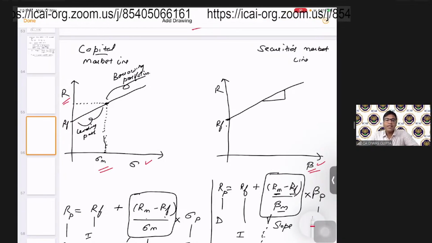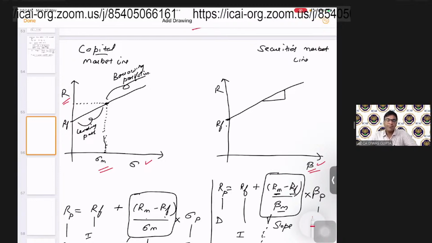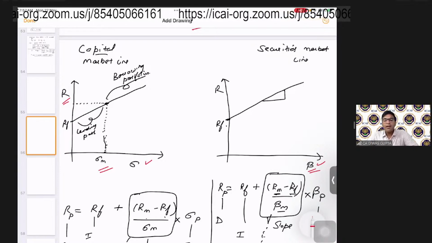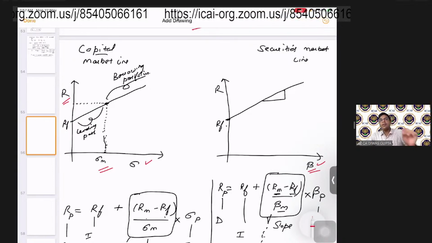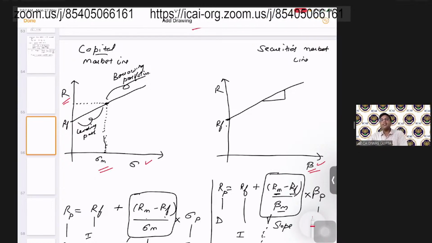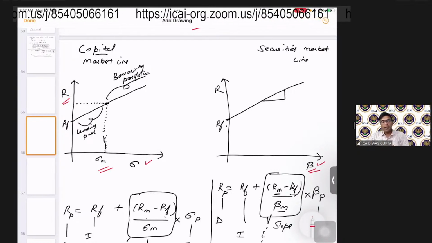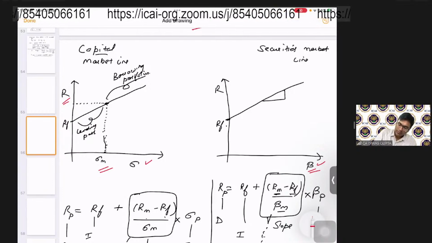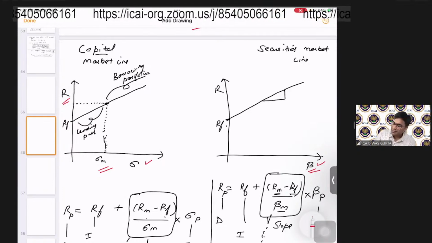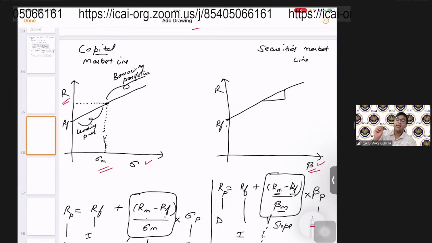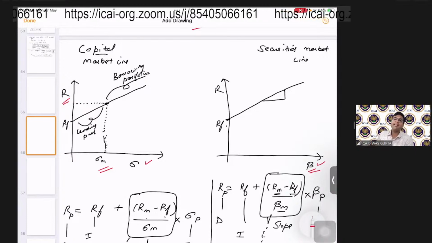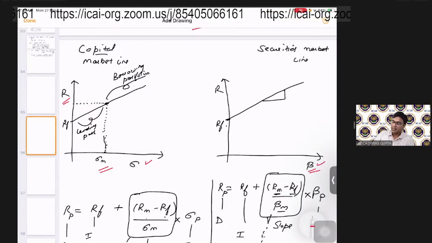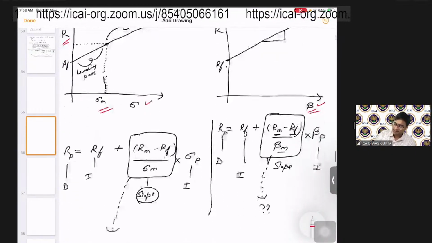The capital market line shows the return at each and every standard deviation; if we plot that, we get this graph. Similarly, in the securities market line, what is my return for each and every beta? If I plot that, I get the securities market line.